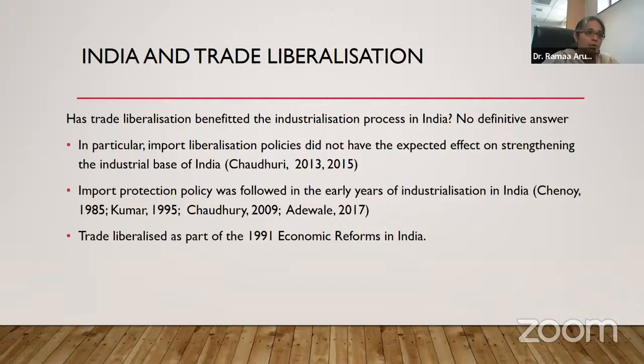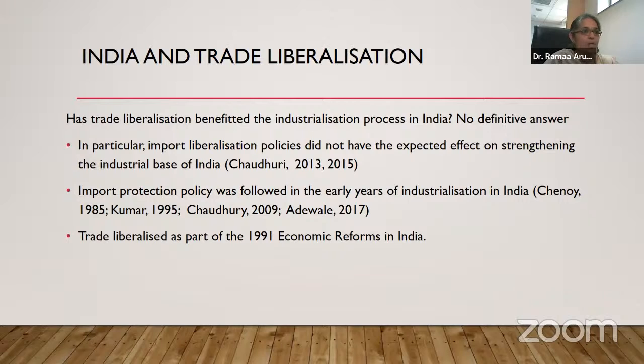And the liberalization process has been there since the late 1980s, in a scattered way. But after 1991, when India had the trouble of the balance of payment and the fiscal deficit, the twin deficit that we call, there was a full-fledged liberalization policy in place, and a lot of sectors came under the ambit of the liberalization process, apart from the other reforms that were a part of these economic reforms.